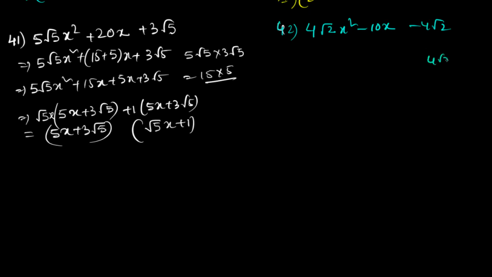So it's 4 root 2 times 4 root 2, that means it's 16 times 2 or 32. 16 times 2 is 32, or 4 times 8, 32. I need 10.